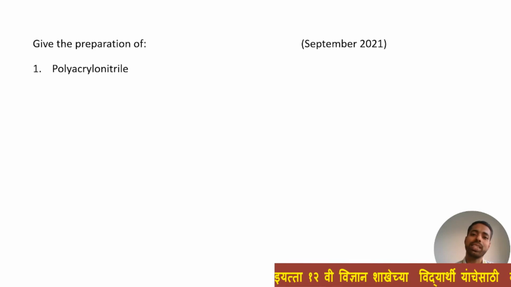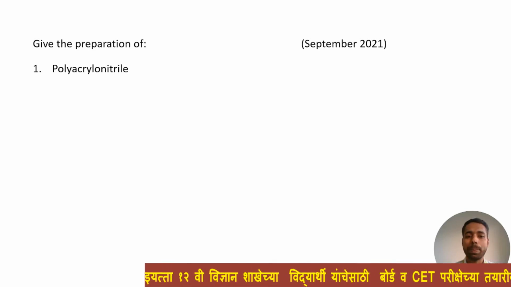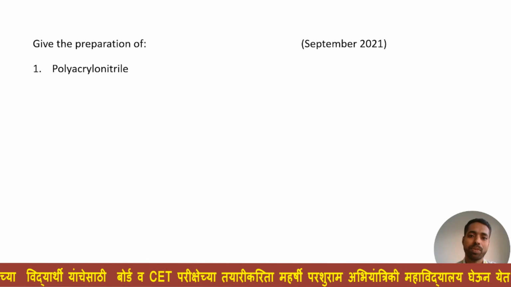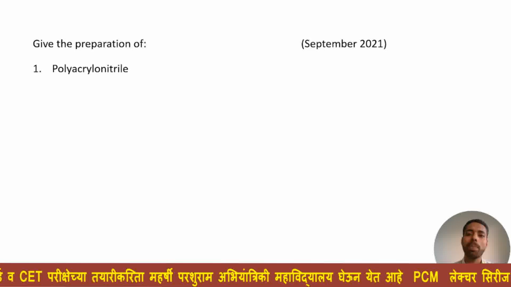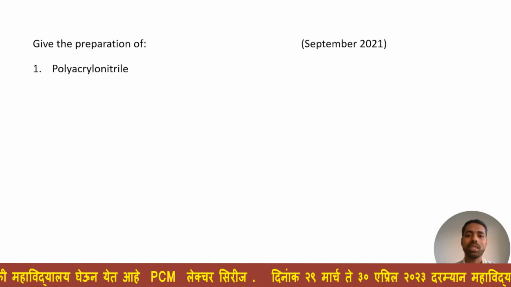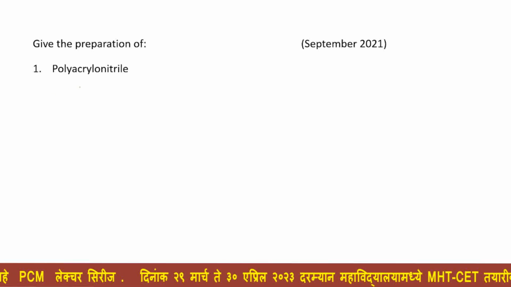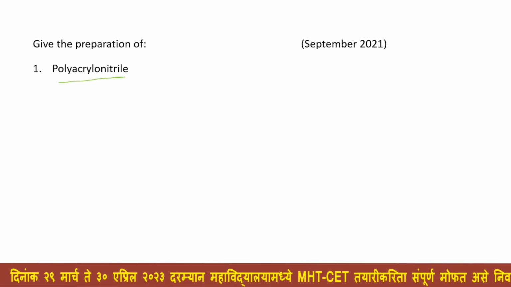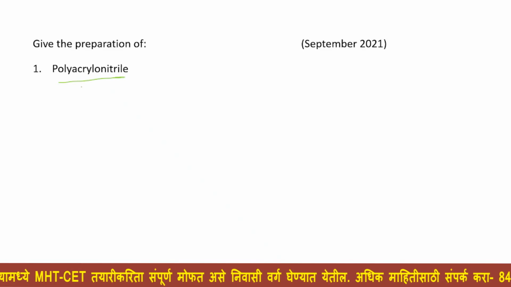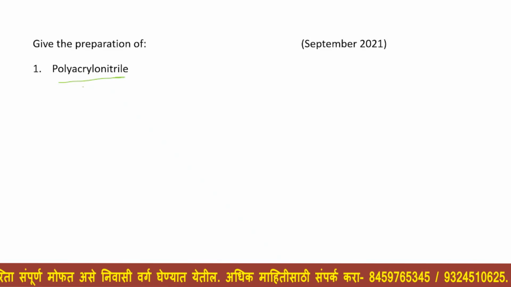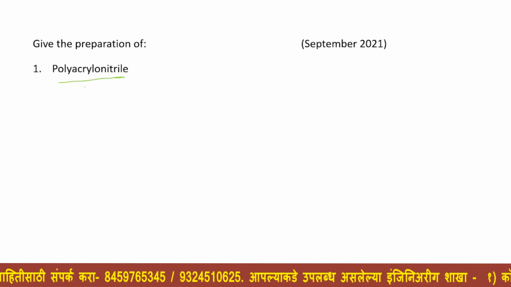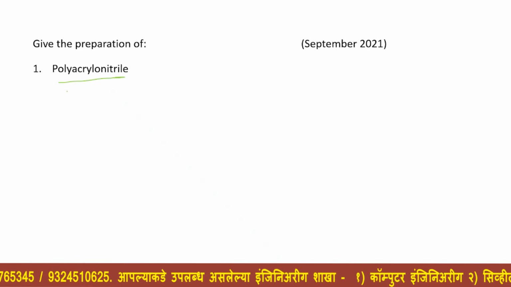Now in September 2021, they asked the preparation of polyacrylonitrile. This is a simple one-step preparation which is given in your syllabus. Let's check. Polyacrylonitrile is prepared by addition polymerization. To start the reaction, we require an initiator, where they use a peroxide initiator, that may be hydrogen peroxide or an acetyl peroxide like initiator.